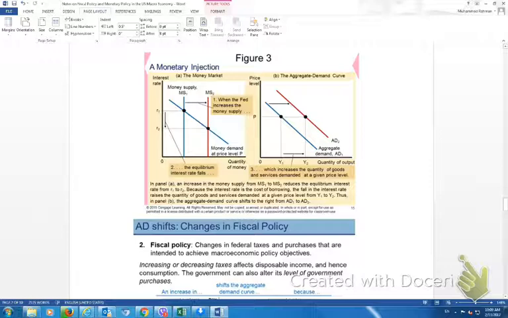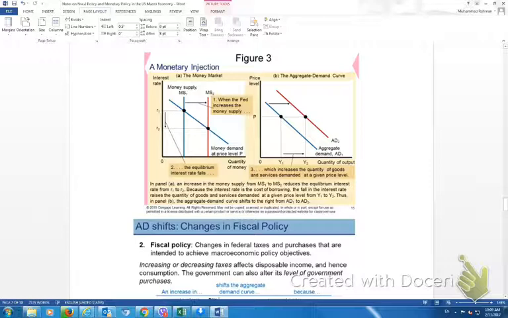When interest rate goes down, firms borrow more. If they borrow more, investment goes up, and if investment goes up, aggregate demand shifts to the right.